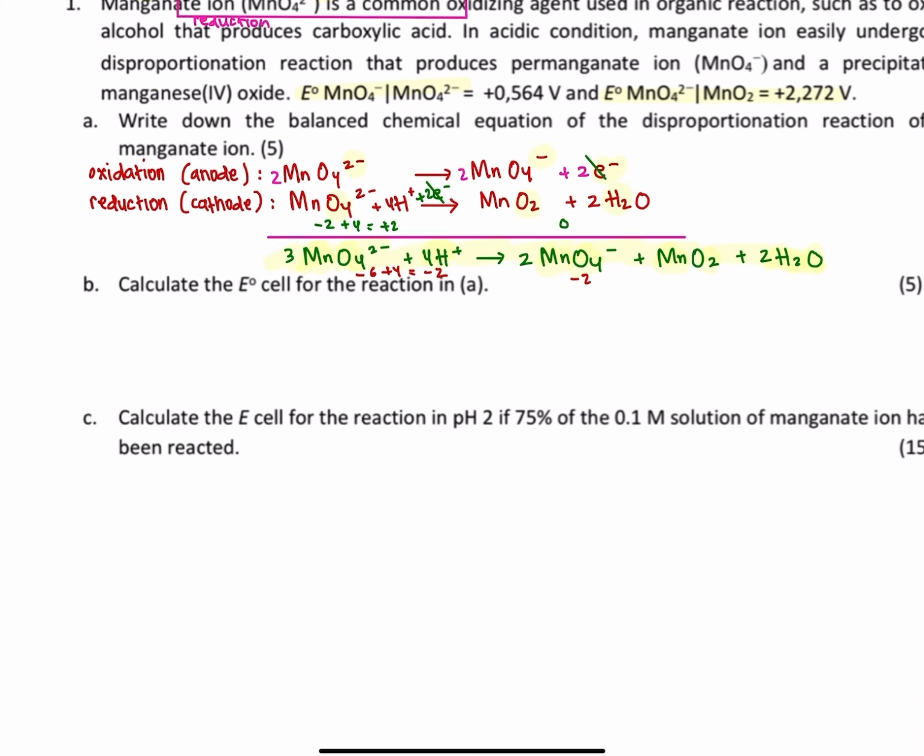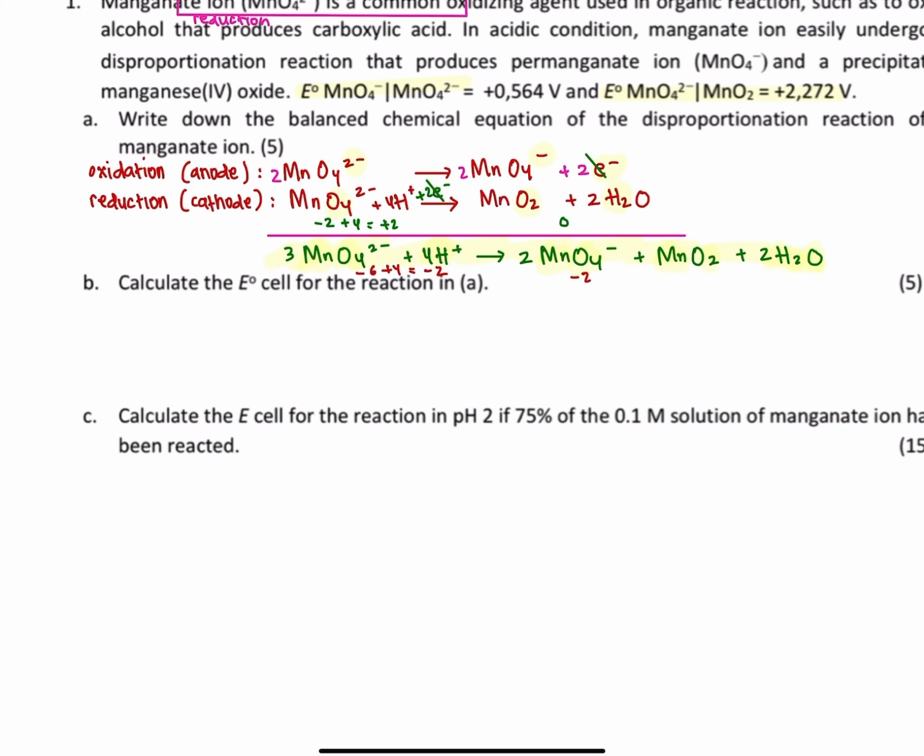Now let's take a look at the question B, which is to calculate the standard cell potential for the reaction in A. So I'm going to write down the formula to calculate that. So we have standard cell potential, and this can be calculated using the cathode minus anode, or reduction.